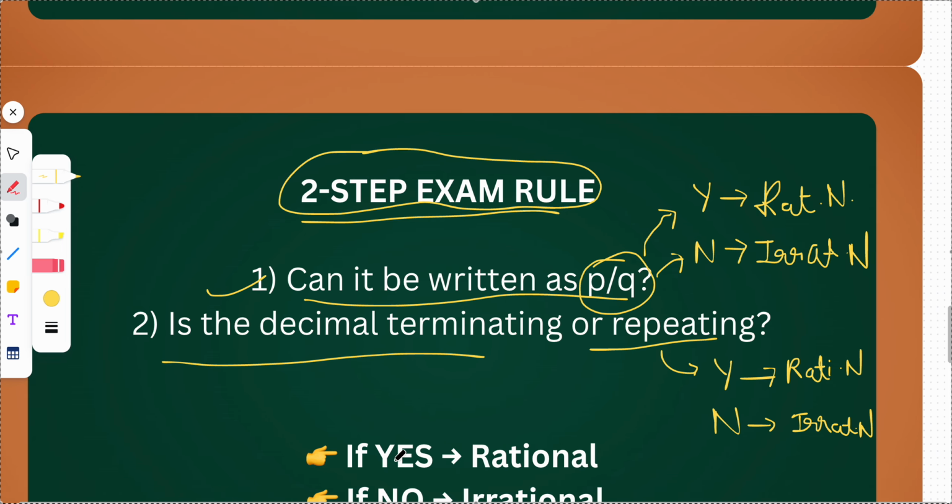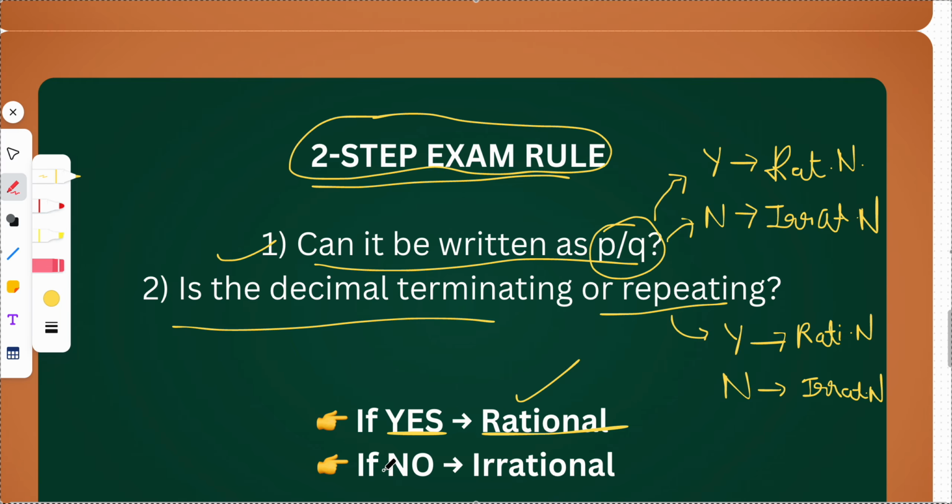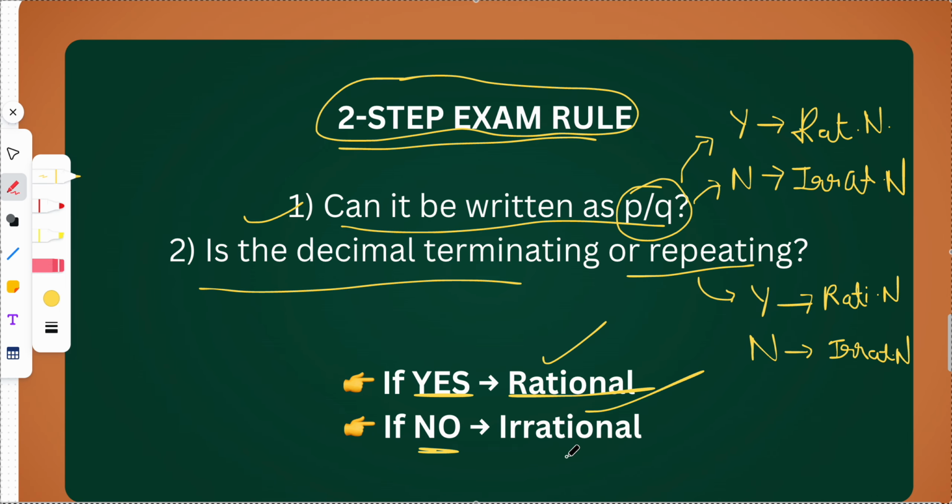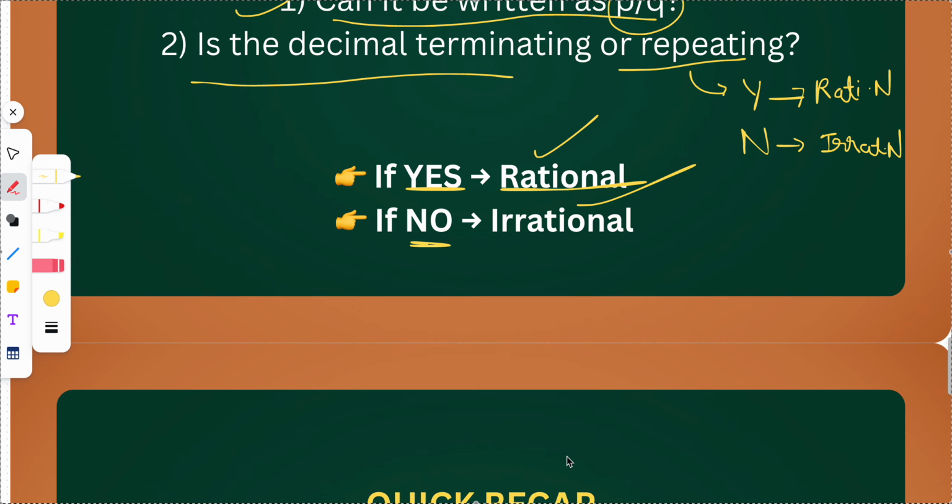The main crux: if the answers to both questions are yes, then the number is rational. If the answers are no, then irrational. Got it? If yes then rational, if no then irrational.